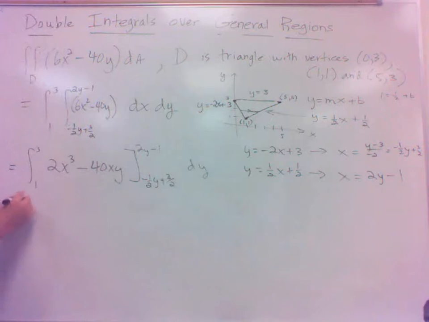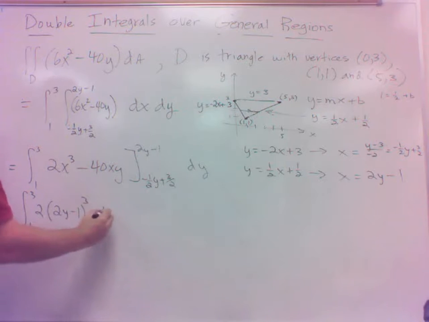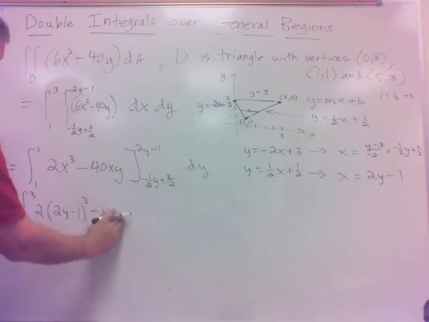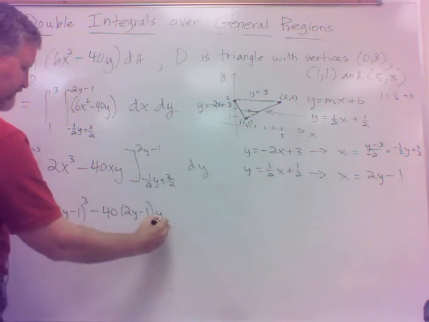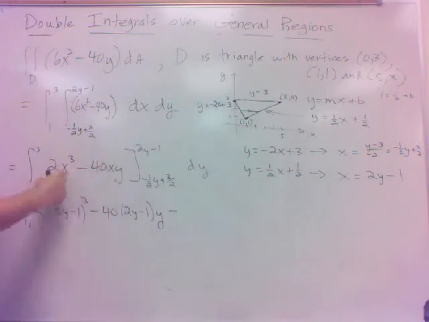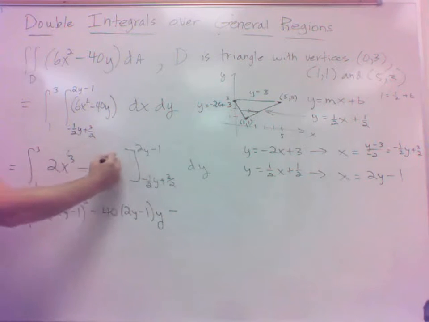So it'd be 2y minus 1 cubed. And then we have minus 40 times 2y minus 1 times y, if we plug in the 2y minus 1 for the x.